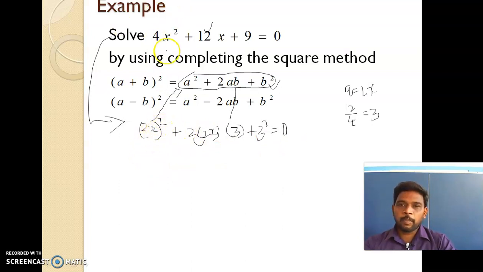So 2x whole square means 4x square, and 2 2s are 4x, 4 3s are 12x, and 3 square 9. The same expression only there, right? So we can write this one with the help of the left hand side expression, that is a plus b whole square, that is 2x plus, b is nothing but 3, so 2x plus 3 whole square equal to 0, right?